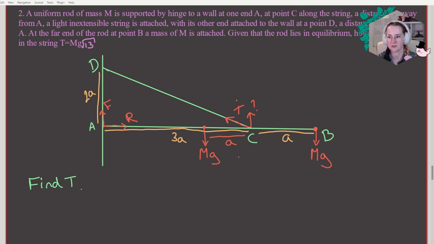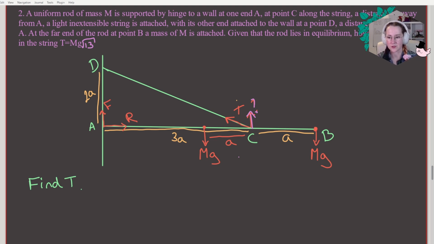I want to find the vertical component of the tension, because I want to resolve the tension in the vertical.